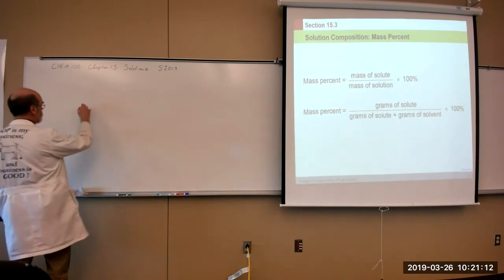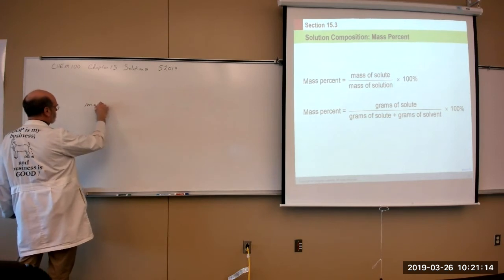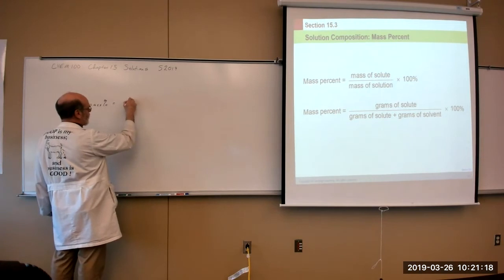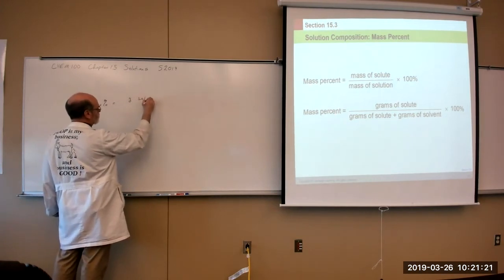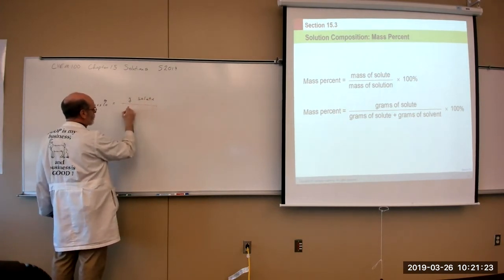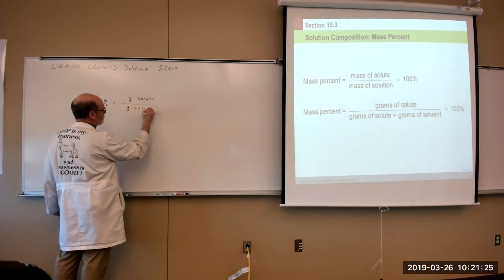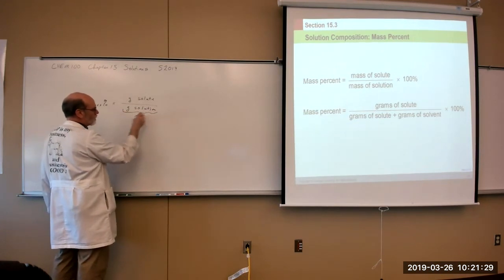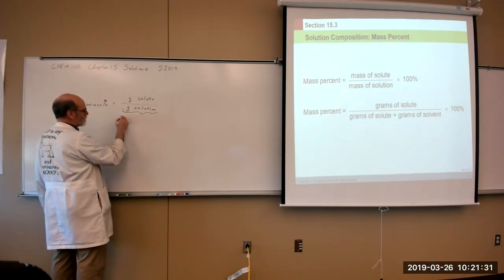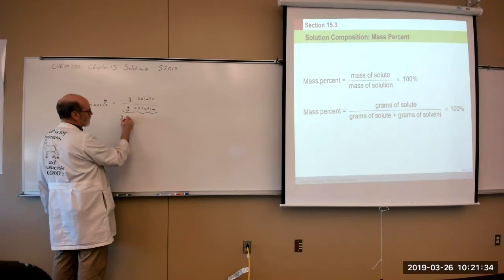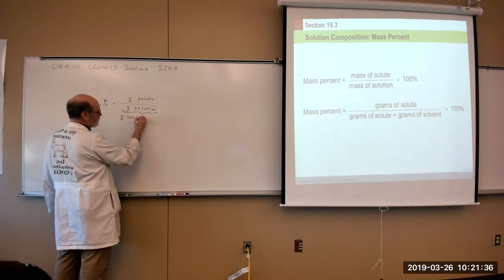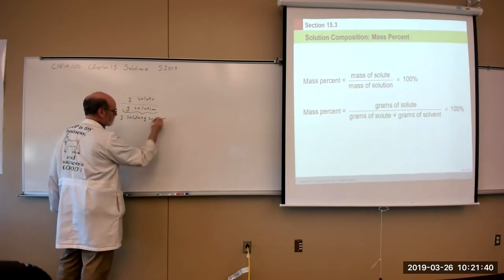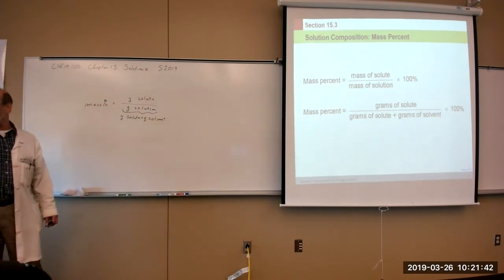So what that means is, let's say grams of solute per gram of solution. This solution is also a combination of grams of solute plus grams of solvent. That includes both.